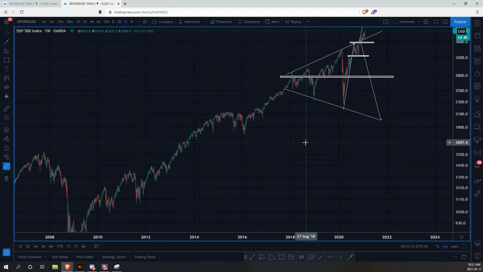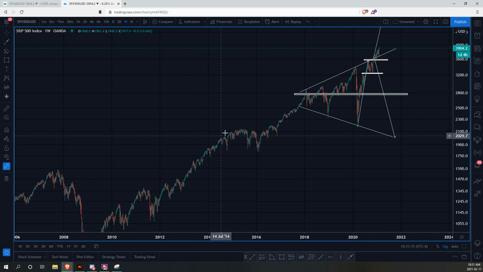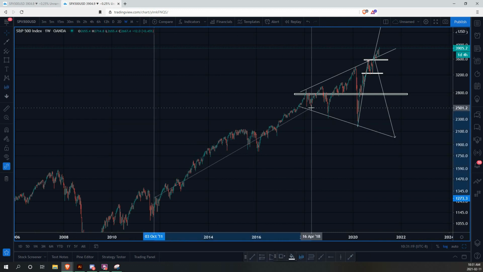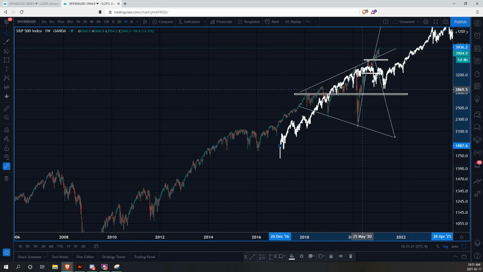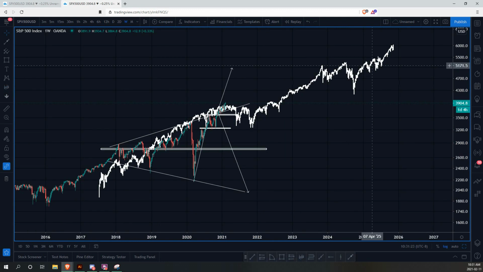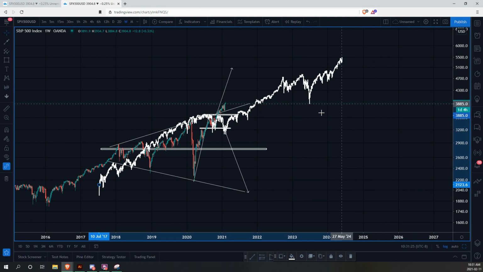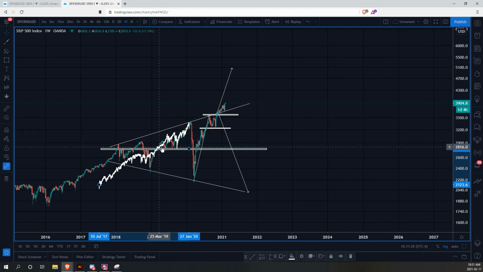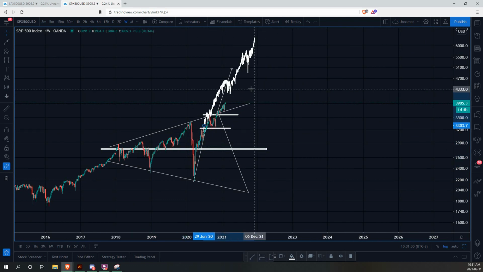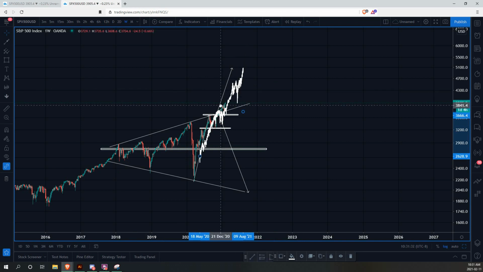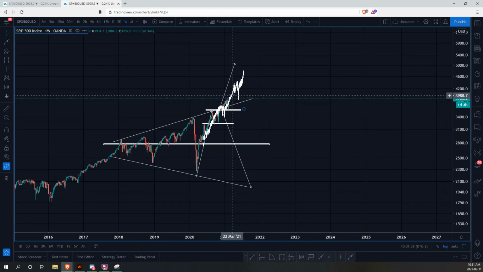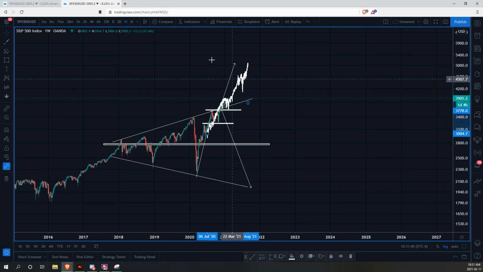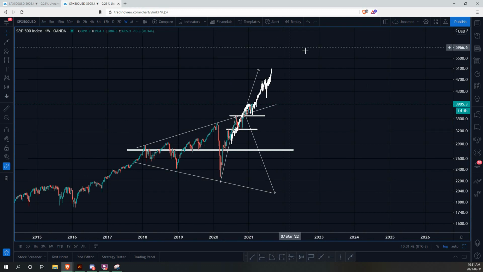So let's take this impulsive push, consolidation, impulsive push, and tighten it up so it's a little bit easier to relate. What do I mean by this? Tighten it up, make it smaller, smaller, smaller, make it higher, higher, higher, kind of like that. So that, in my opinion, could definitely be a possibility.